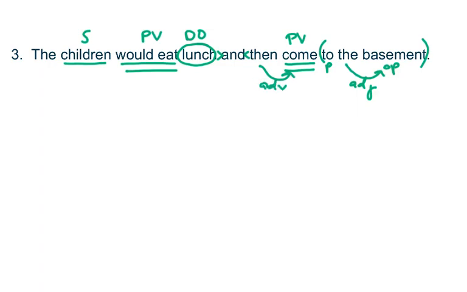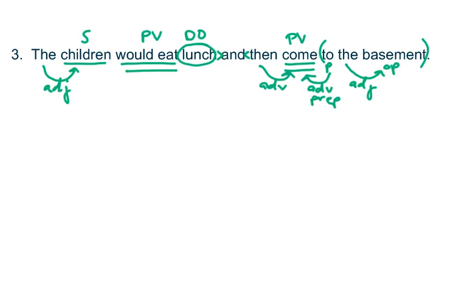Then. What about the? The modifies children. It's an adjective. Let's not forget our prepositional phrase this time. What does to the basement modify? Well, it tells us more about coming to the basement. Where will they come? To the basement. So we have an adverbial prepositional phrase.